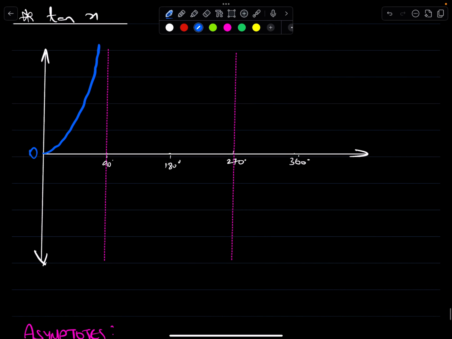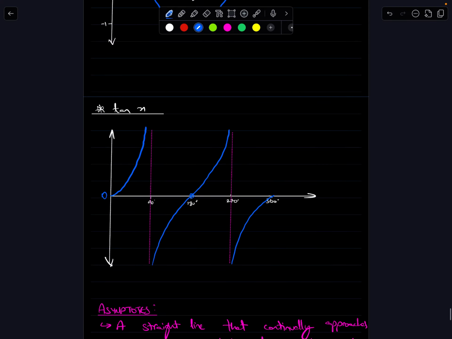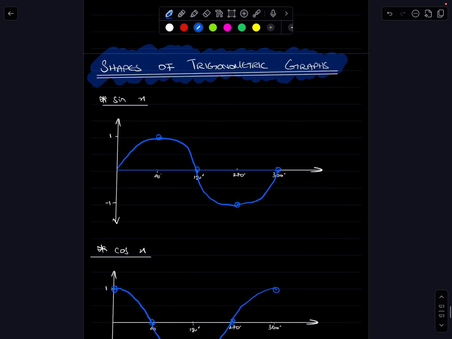Then continuing the graph of tan, the second part of the graph of tan looks something like this. The asymptote again plays its role, and then finally we have a defined intersection at 360 and 0. The asymptote again plays its role, and this is what the graph of these basic trigonometric functions look like.